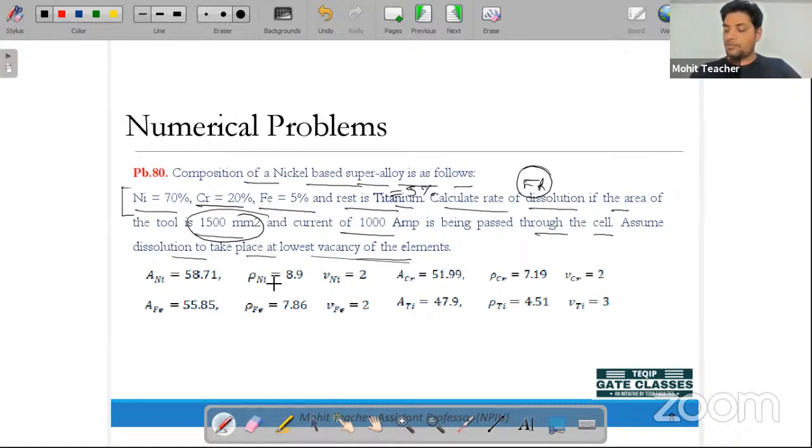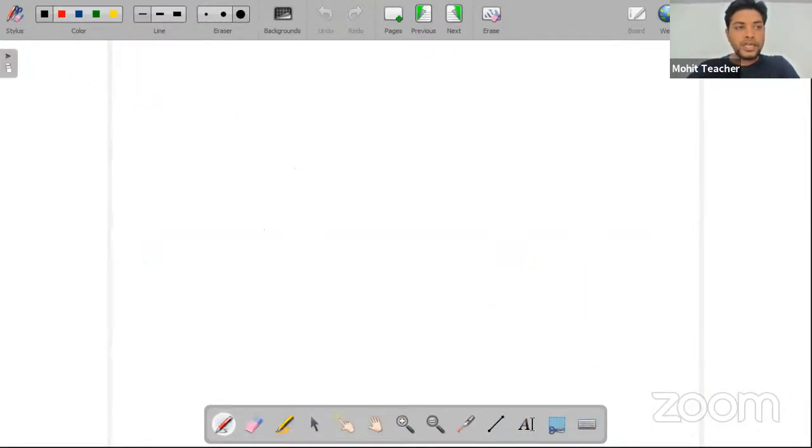So first of all, to calculate the feed rate, what is the formula for the feed rate? That is material removal rate upon surface area. The surface area is given to you, so we have to calculate the material removal rate. How can we calculate the MRR? For that we have the formula I into A upon rho into F into V.